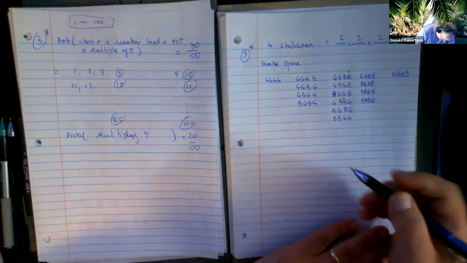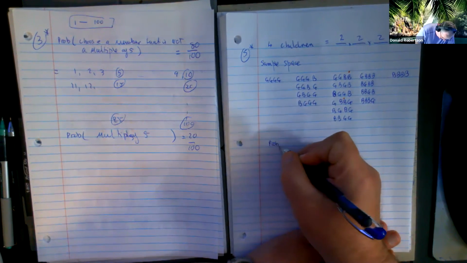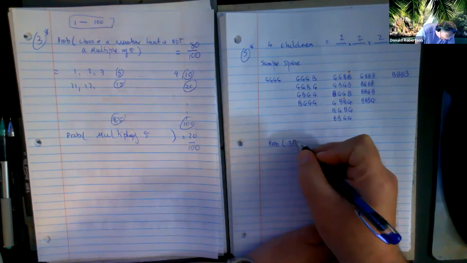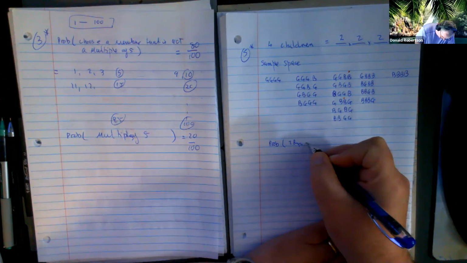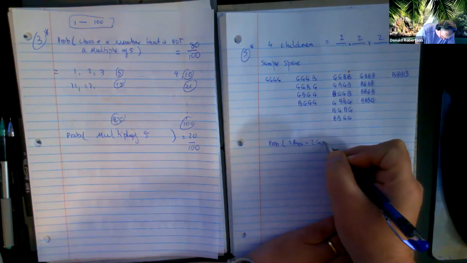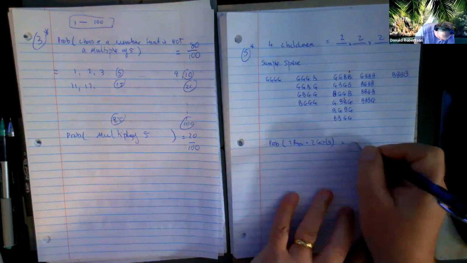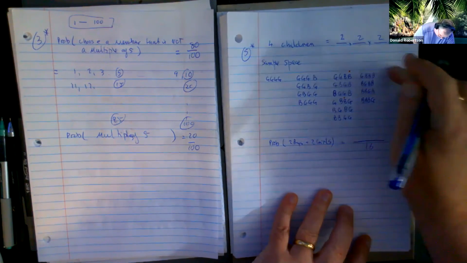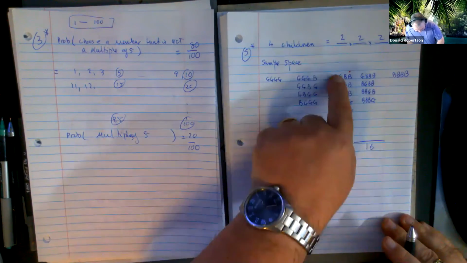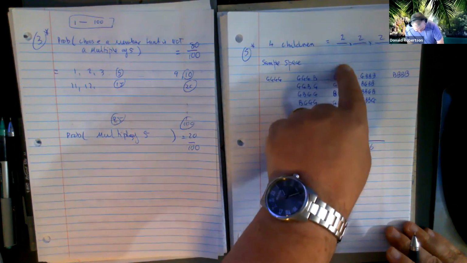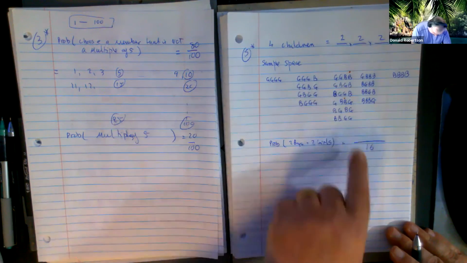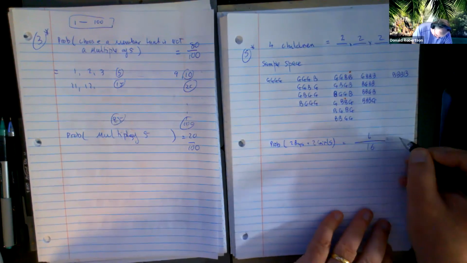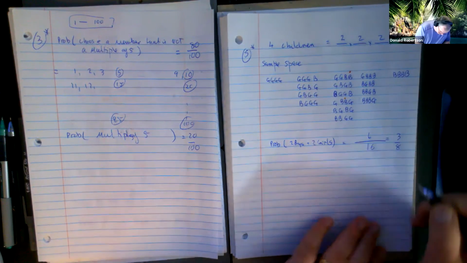So for instance, what's the probability that you get 2 boys and 2 girls? Well, I know there's 16 things out here, and all of these ones here represent 2 boys and 2 girls, and there's 6 of those. So the answer becomes 6/16, or 3/8.